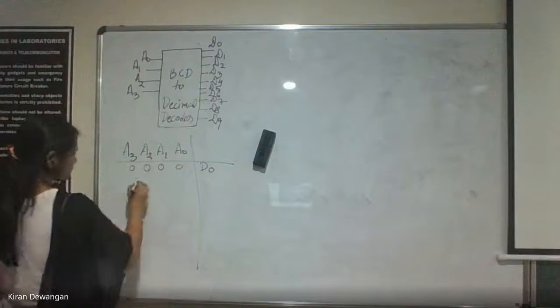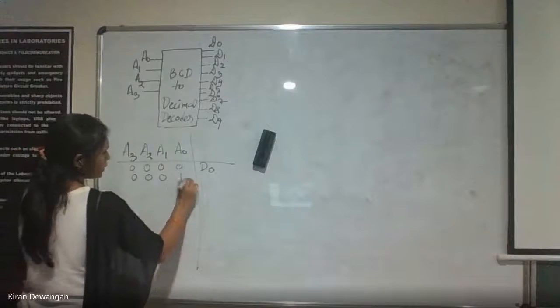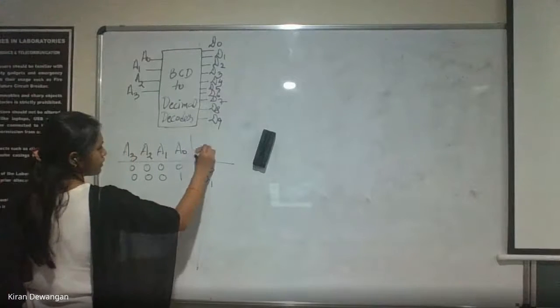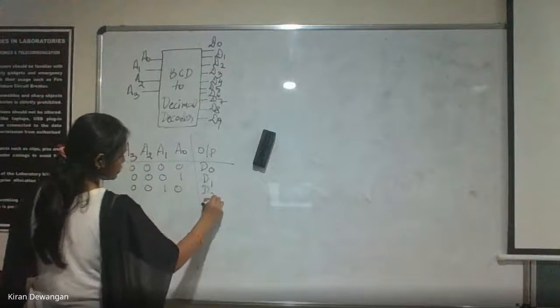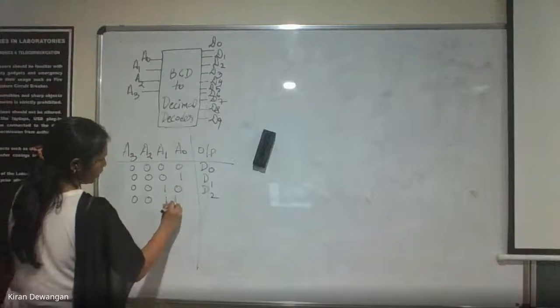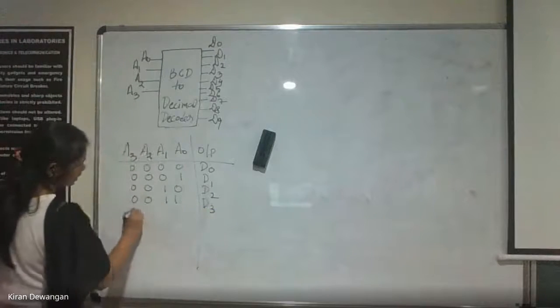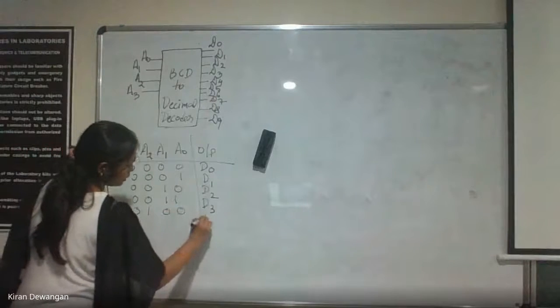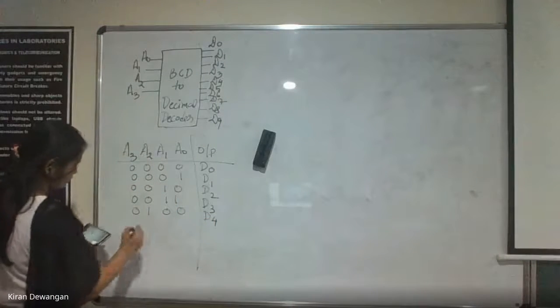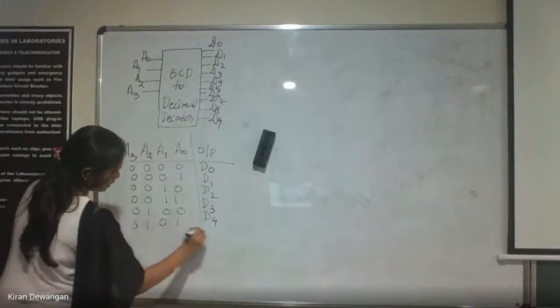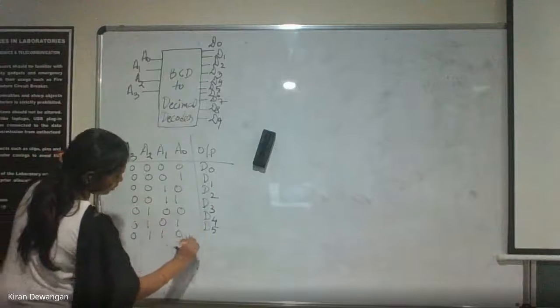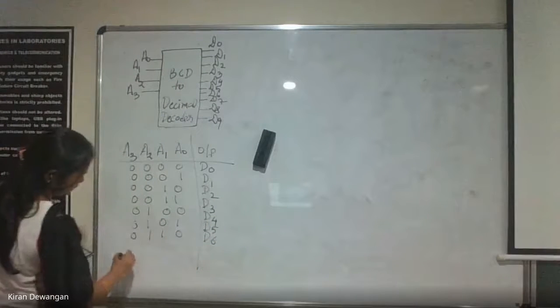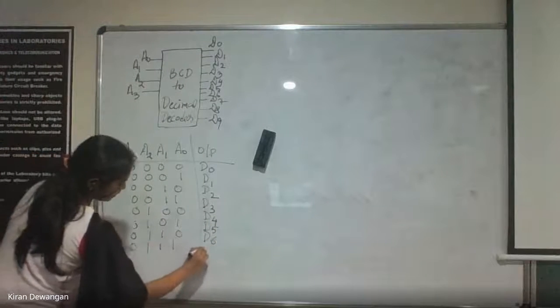The output will be D0. For 0, 0, 0, 1, it's D1. And for 0, 0, 1, 0, it's D2. 0, 0, 1, 1, D3. 0, 1, 0, 0, D4. 0, 1, 0, 1, D5. 0, 1, 1, 0, D6. 0, 1, 1, 1, D7.